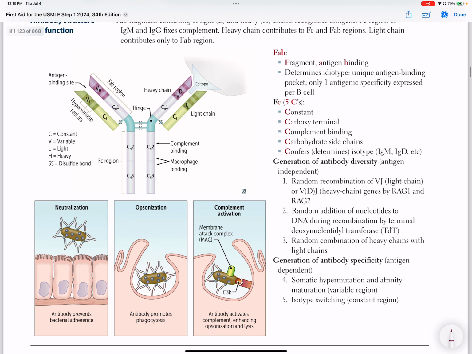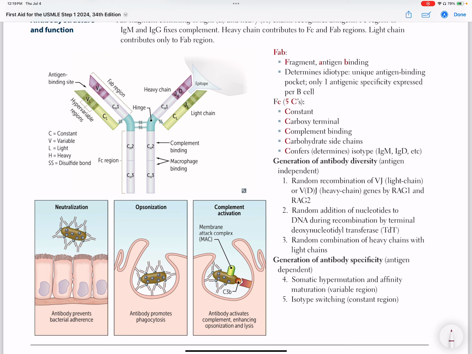Fab is the fragment antigen binding area. It determines the idiotype, the unique antigen binding pocket, with only one antigen specificity expressed per B cell. Fc is the constant carboxy terminal, complement binding, with carbohydrate side chains that confer isotype, IgM and IgD.